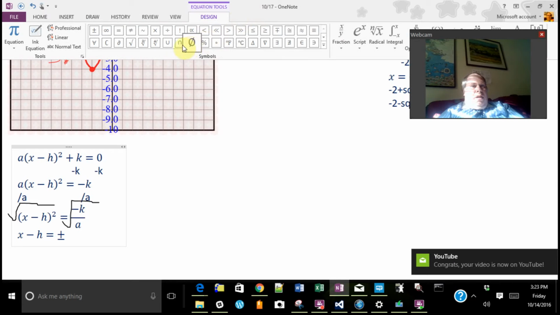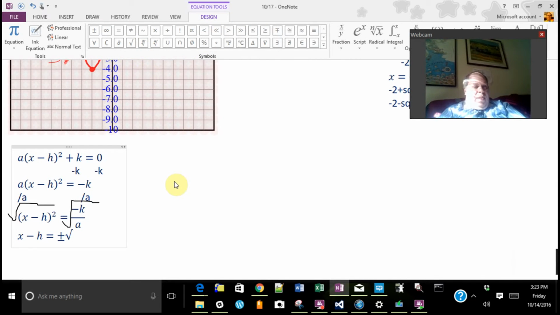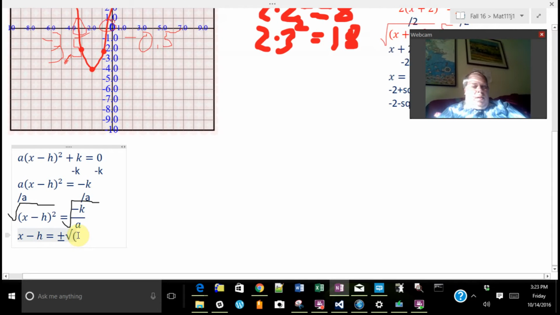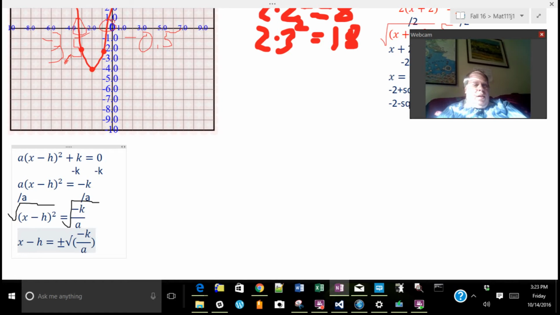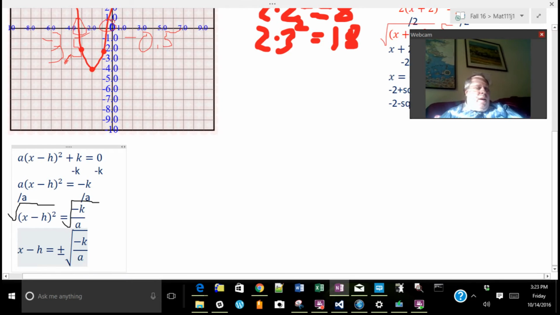the square root of, parentheses, minus k over a. And there.